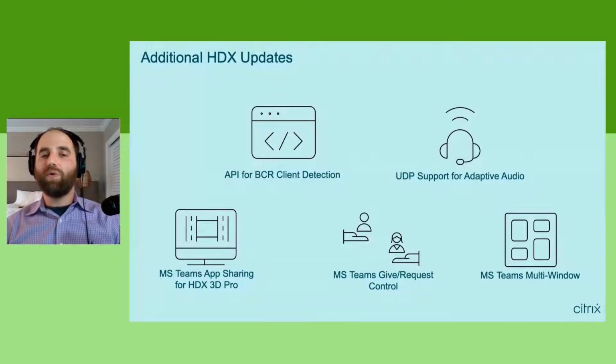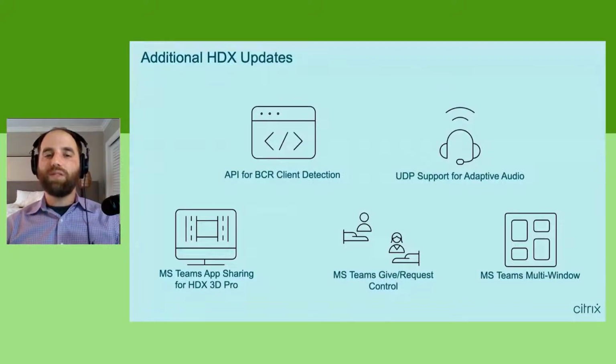And adding UDP support for it ensures that we give that, quote, reliable nature of UDP with fallback, things like QoS, going through your network appliances. And it's a fantastic solution for VoIP and unified communications where there's not necessarily a formal way to optimize it like we have for Teams and others. So definitely check out adaptive audio and all the content that we've created there.